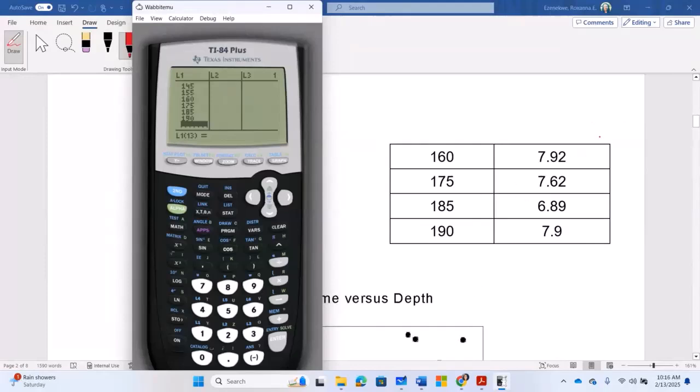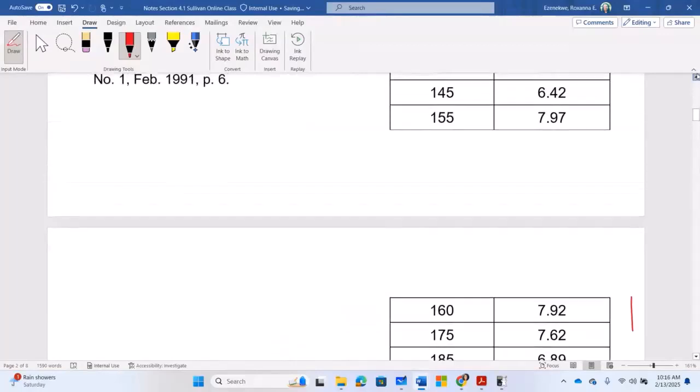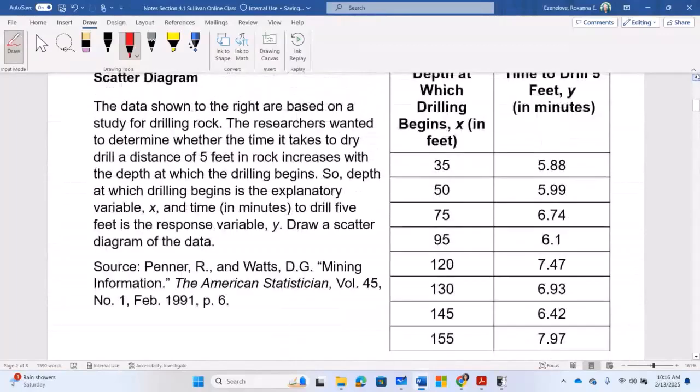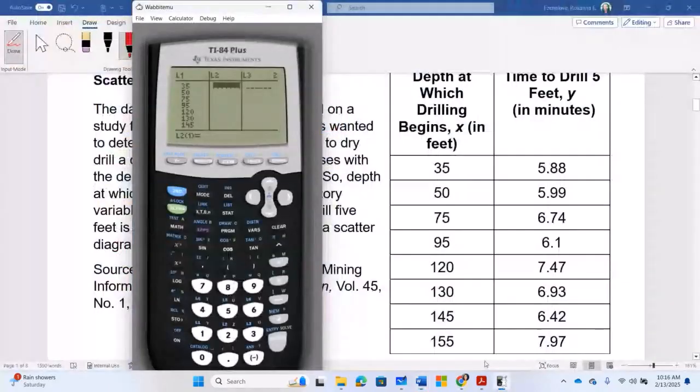I am going to L2 to enter the response variable. The first one, 5.88, is associated with 35.